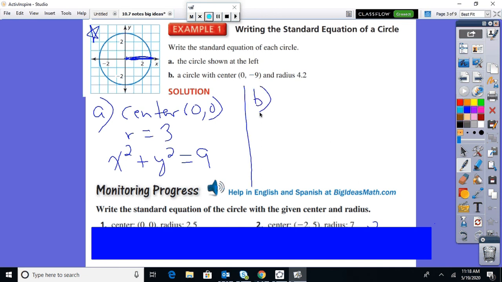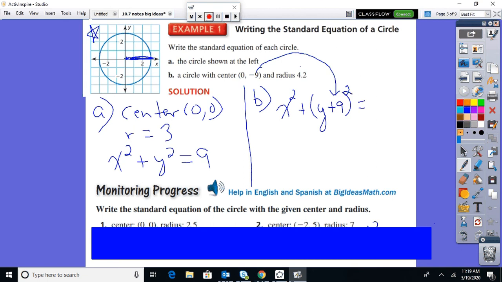Now part B, it's even easier. They come out and tell us, here's the center and here's the radius. So x now is a 0, so that's nice. I can just write x squared. Now the y has something happening with it. So what do we do when it's negative? Well, you're going to flip the sign because the general equation has a negative in it.